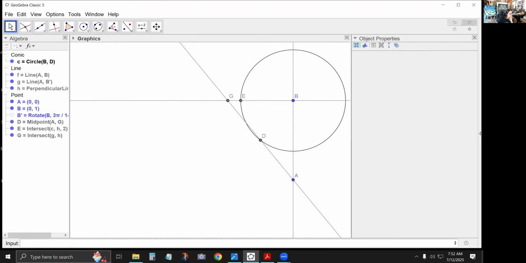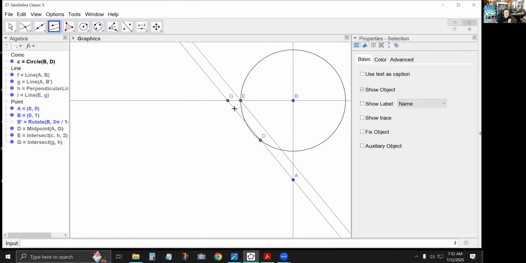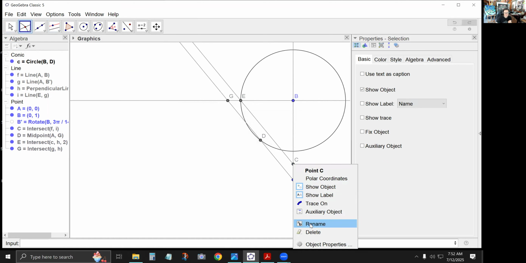All right, so then we want to draw a line EZ parallel to AG. So I'm going to grab my parallel line tool, and I'm going to put a line through E parallel to AG. And I'm going to call this point over here Z.